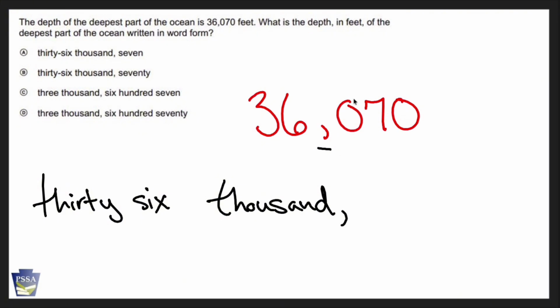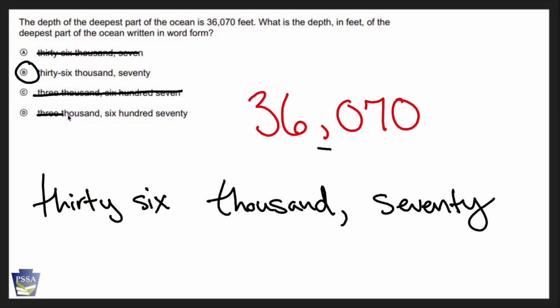Well, we have no hundreds, but we have 70 and no tens, so just 70. 36,070, which is going to be B. Okay, A is close, 36,007, nah. Close though. 3,000, nah. It's going to be B.